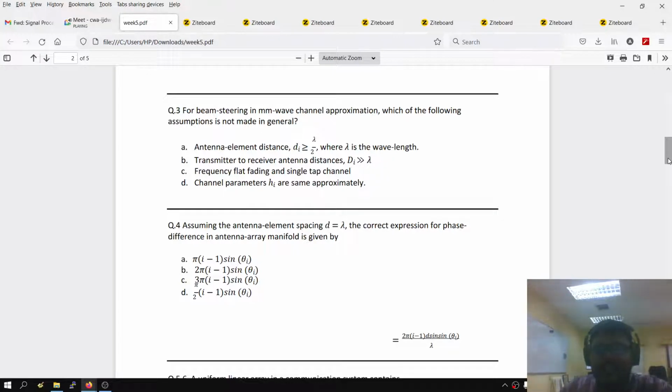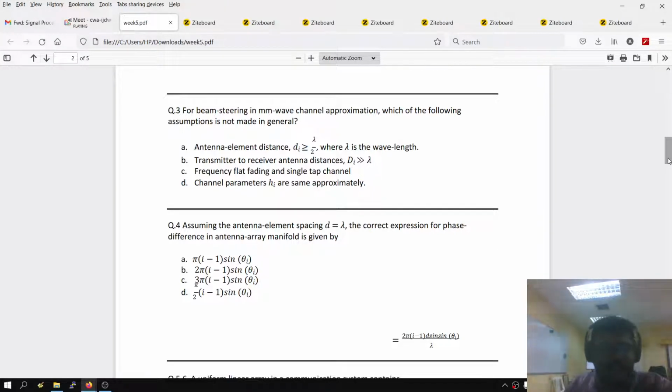If I consider a ULA case, uniform linear array case, they have a particular difference in their position, and this difference will create some phase shift. So option D is the assumption we do not make. We do not make the assumption that HI are approximately the same.